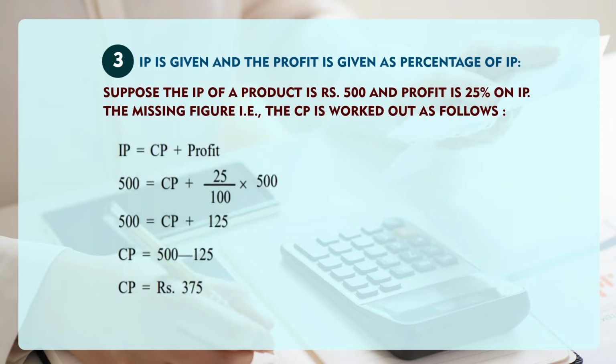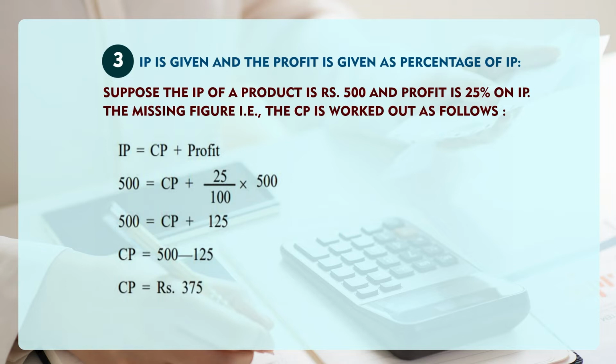So, the invoice price equation is: invoice price is equal to cost price plus profit. This is the equation we know. So, IP is given, 500, and profit is 25% on IP. It means 25% of 500, that is 125.